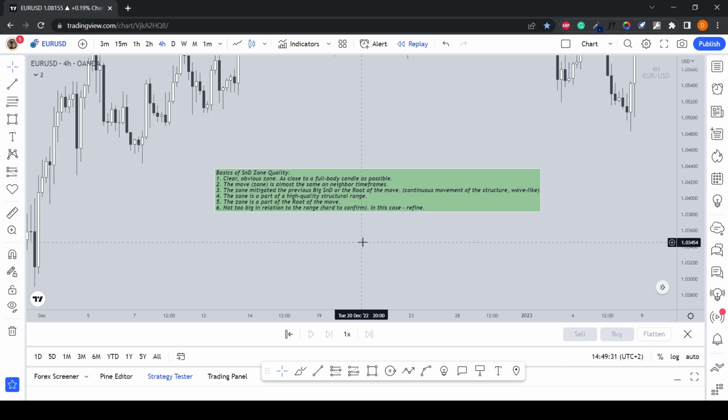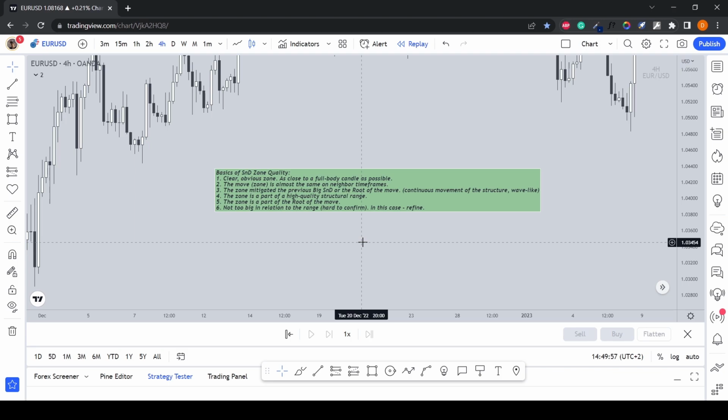First of all, we have 6 basic qualities of SnD, and I don't want to say that you want to have them all in all your trades, because to be honest, it will be really hard to have a decent number of trades if you have an approach when you want to have like 100% quality zone.